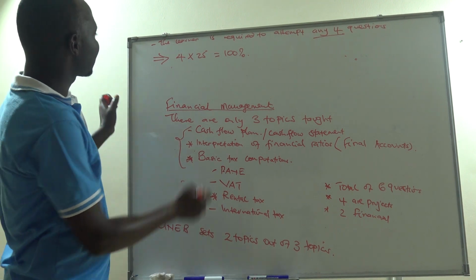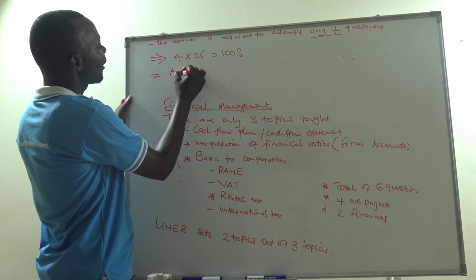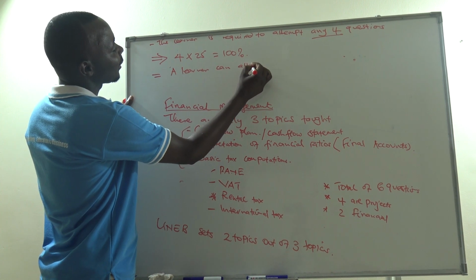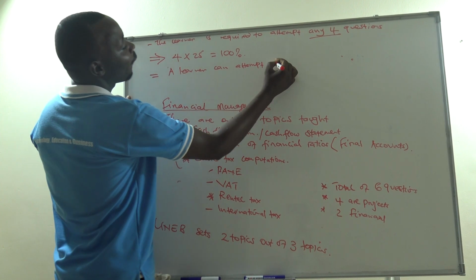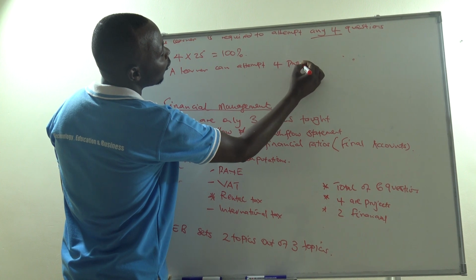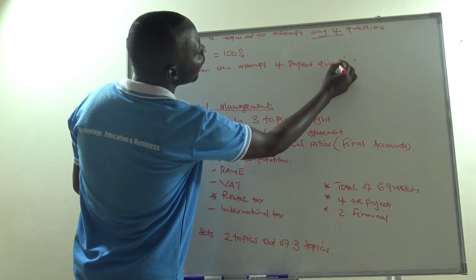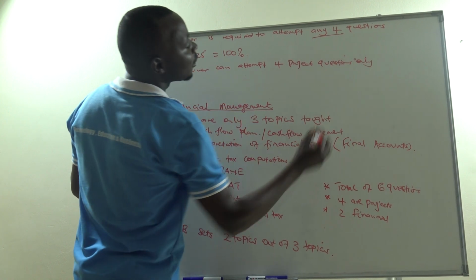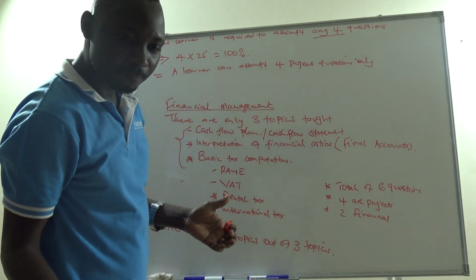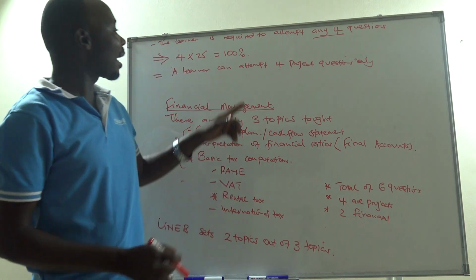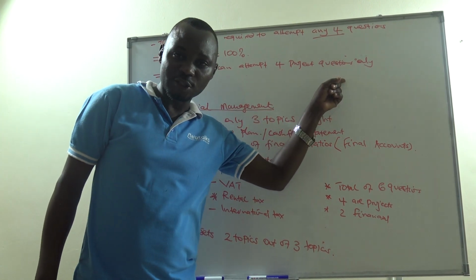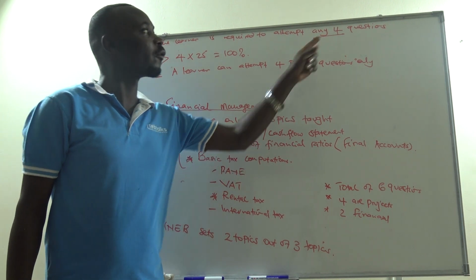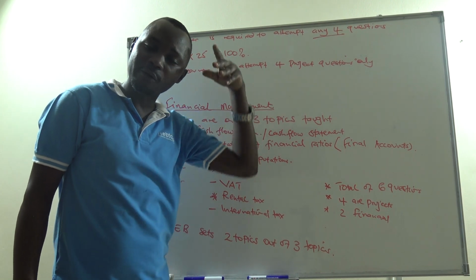A learner can attempt 4 project questions only, and get 100%. A learner can attempt 2 project questions and 2 financial management, totaling to 4, and get 100%.